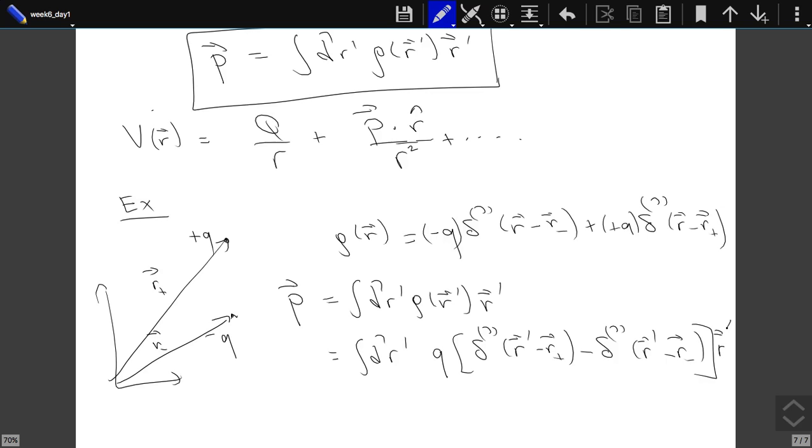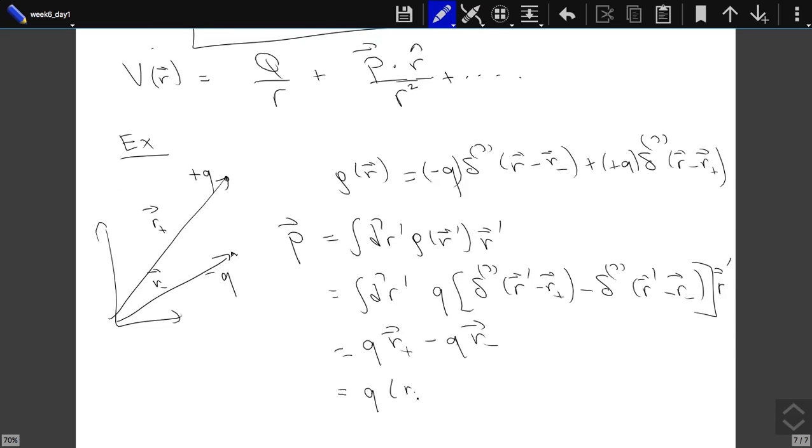Well, the Dirac deltas are nice functions to integrate. So this is the 3-dimensional Dirac delta. If you consider a 3-dimensional integral, this term tells me that wherever I see an r prime, I should put an r plus. But there's only one place where I have an r minus. If you multiply it out, I can write it as 2 integrals. The first integral just gives me q times r plus, minus the second integral, which just gives me q times r minus.